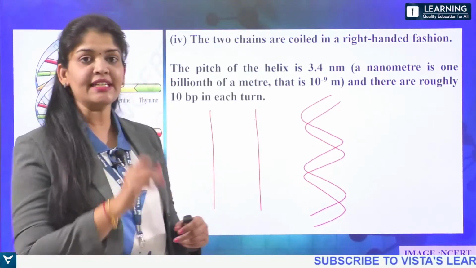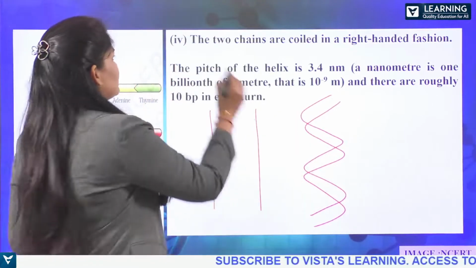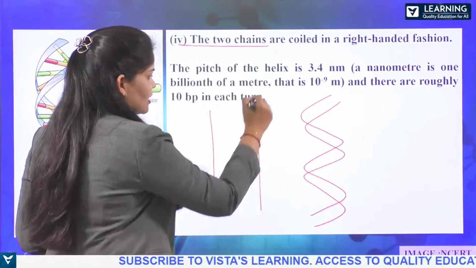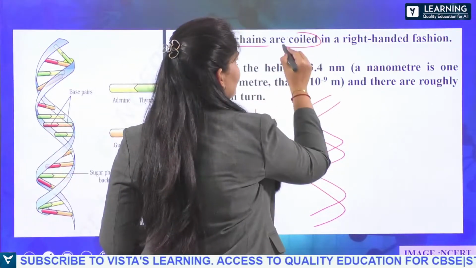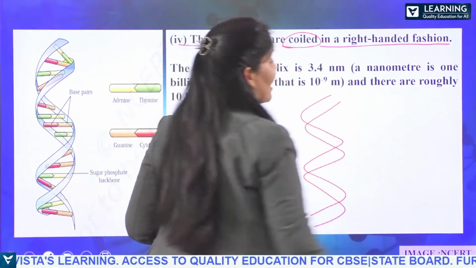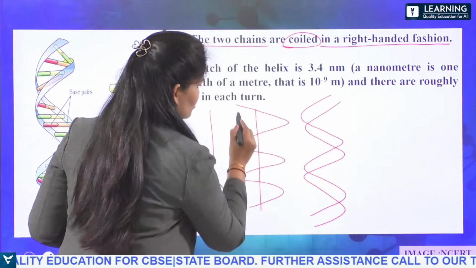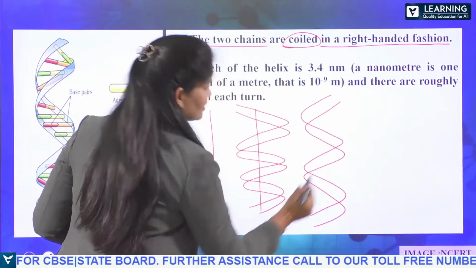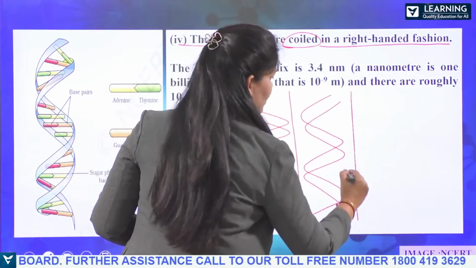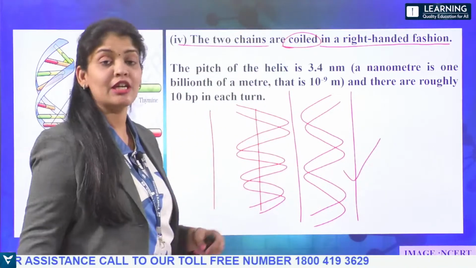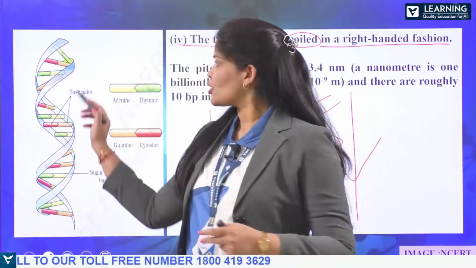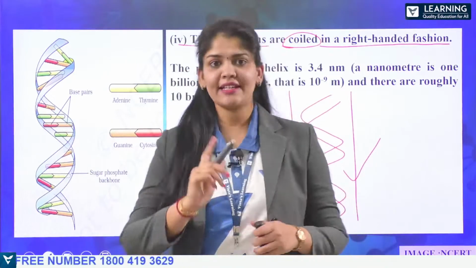That is what we call a DNA helix. The two chains, this is one chain and this is another chain, are coiled in a right-handed fashion. Even a left-handed fashion is also there, but we find the right-handed arrangement. The twist or coiling is right-handed.